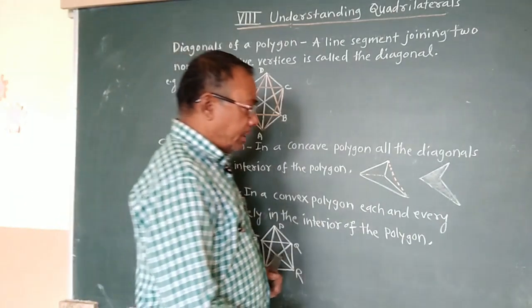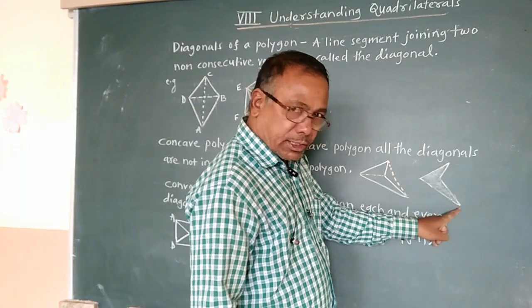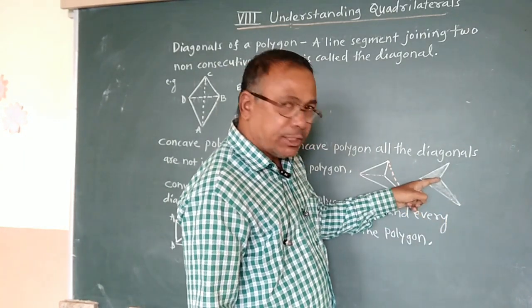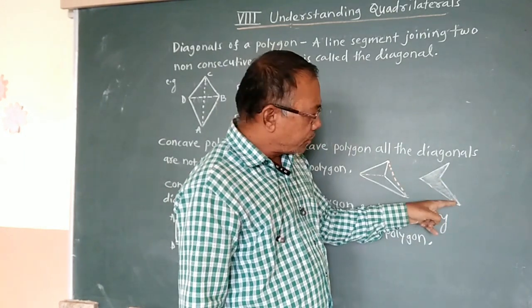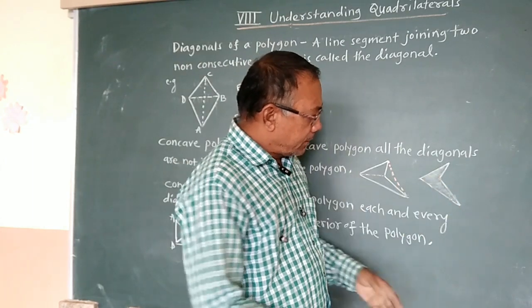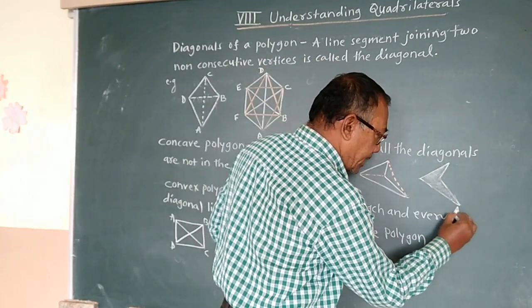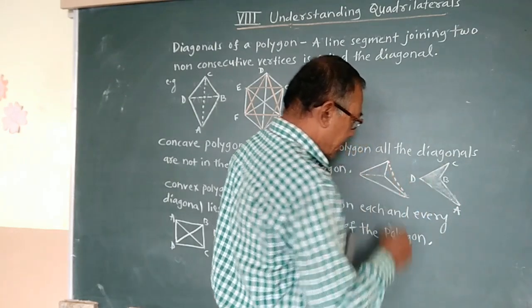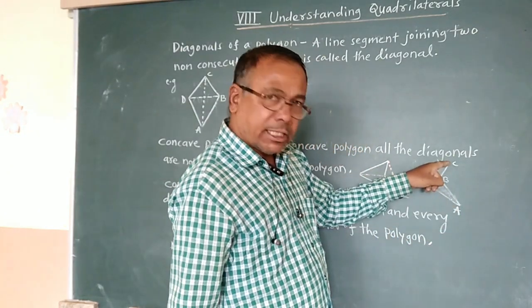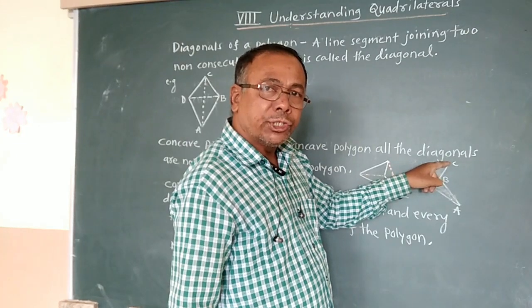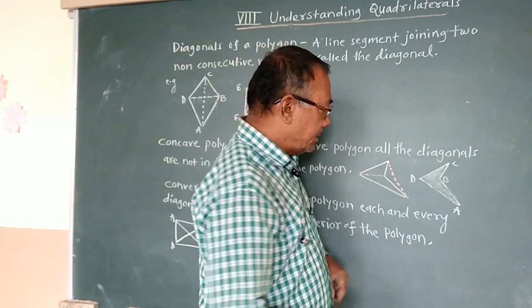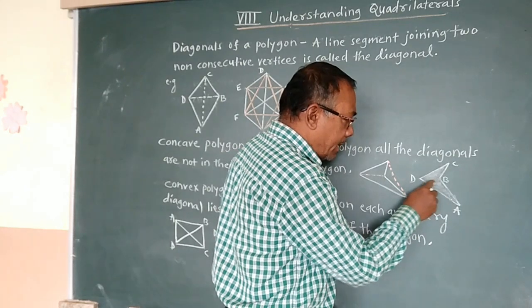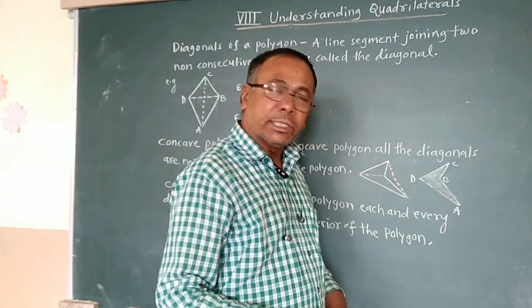But if we join the vertices A, then B, C, D. Here A and C are non-consecutive vertices. Similarly, B and D are non-consecutive vertices.